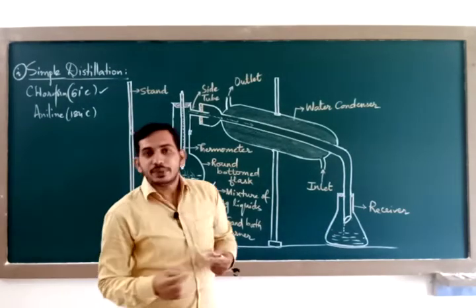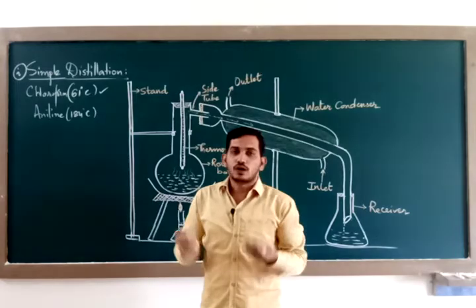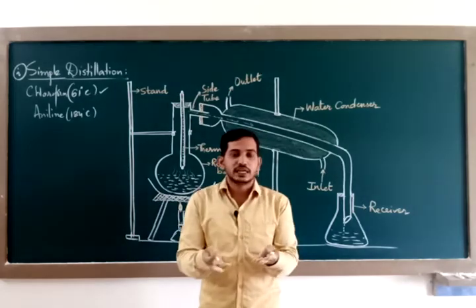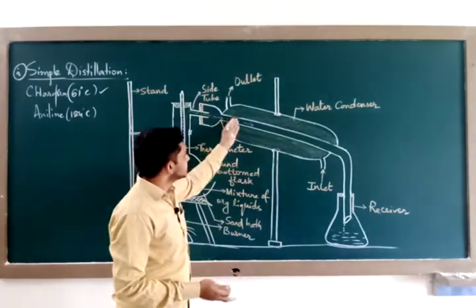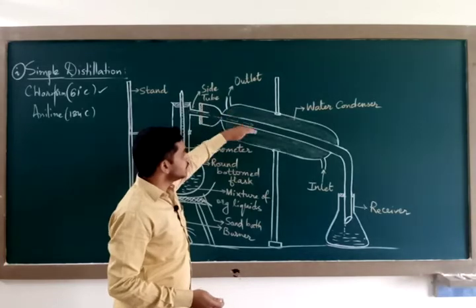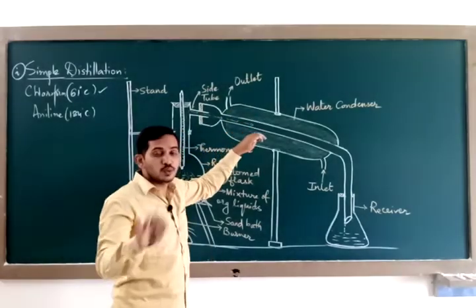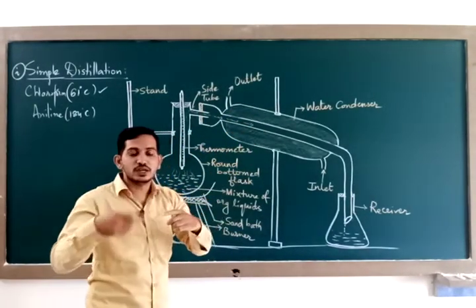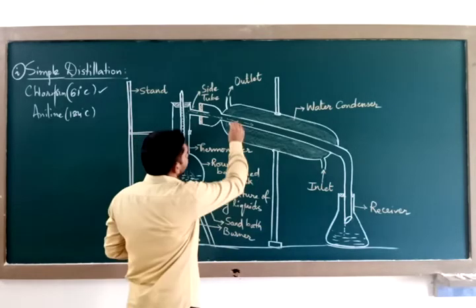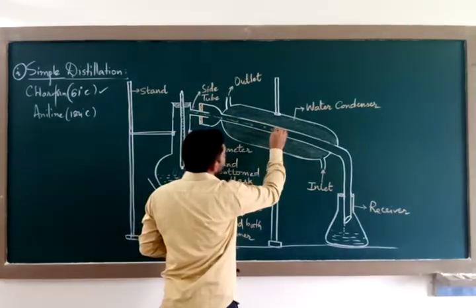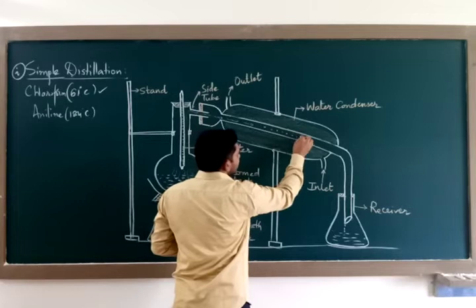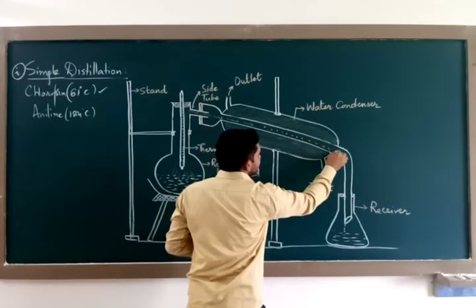Now, vapors of chloroform, the liquid with low boiling point, when they pass through the water condenser, because the outer atmosphere of the water condenser is cool due to continuous circulation of water, these vapors will begin to condense back into liquid.